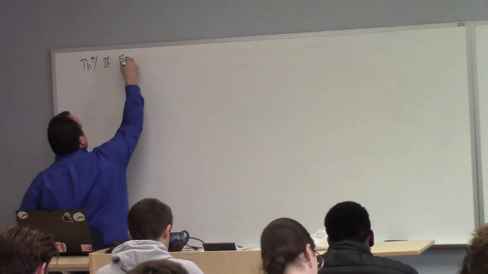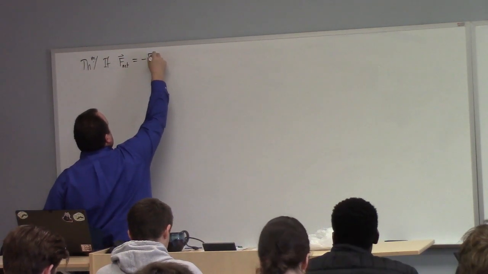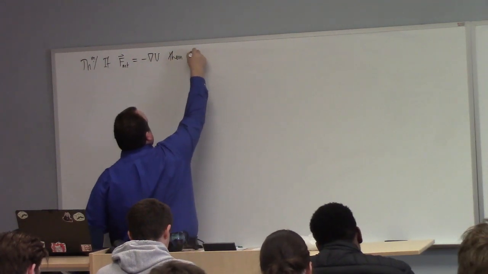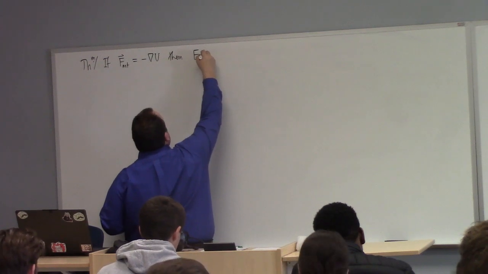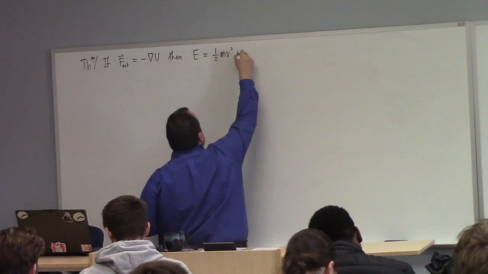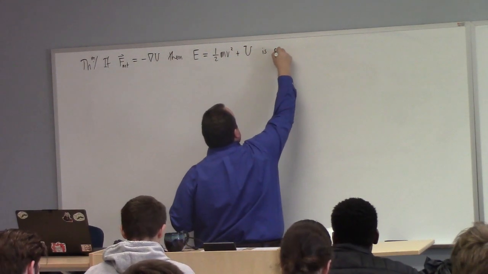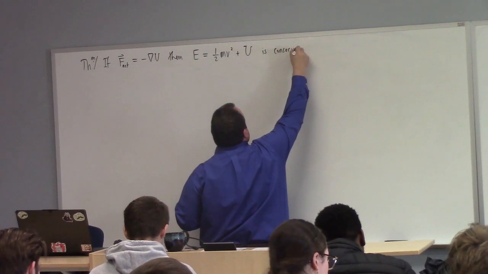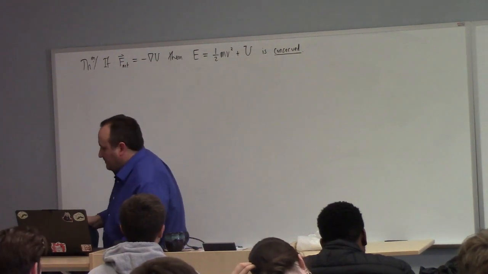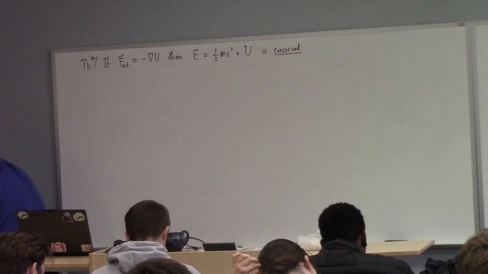If the net force is minus the gradient of a potential energy function, then the net mechanical energy, which is equal to 1/2 mv squared plus the potential energy, is conserved. And when we say conserved, we just mean that it's held constant throughout the motion. So of course that can be very useful for solving a variety of problems.